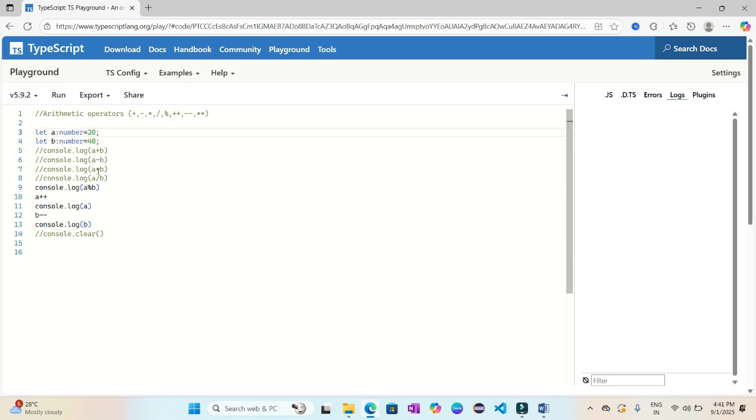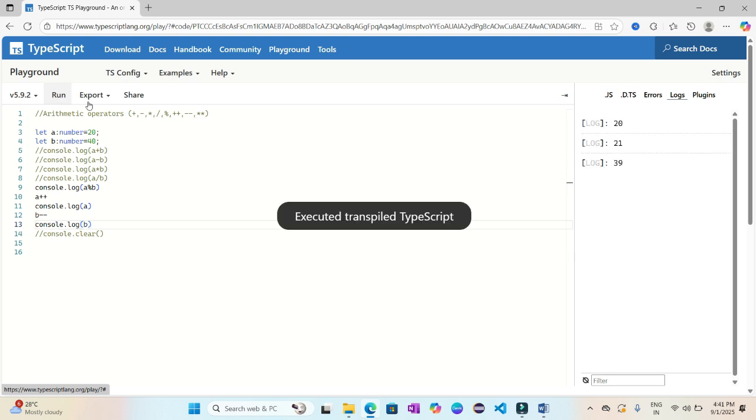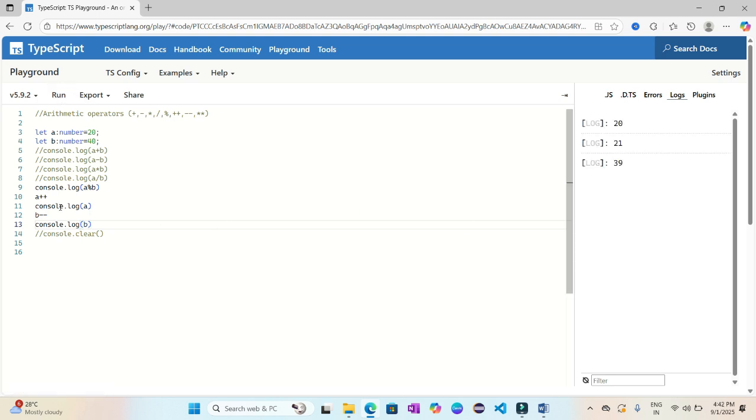A plus plus means 20 plus 1, 21 will come. Console dot log b, 40. 40 minus 1, 39. I will run the program. Here the percentage is also coming. A plus plus, 20 plus 1, 21. B minus minus, 40 minus 1, 39. It is coming.